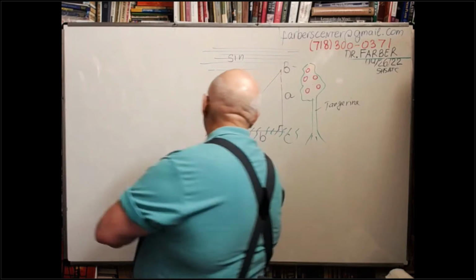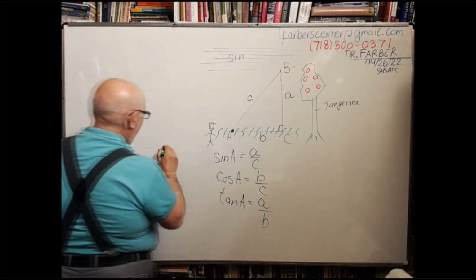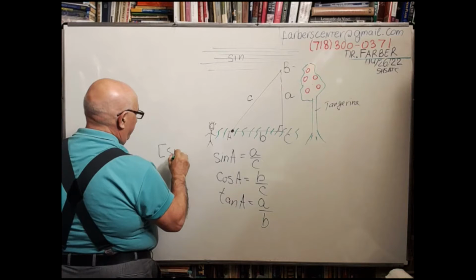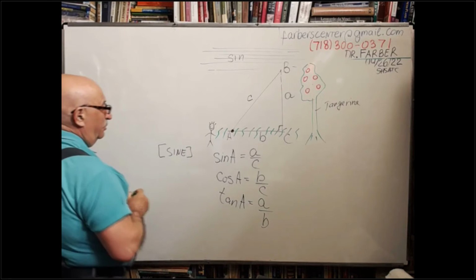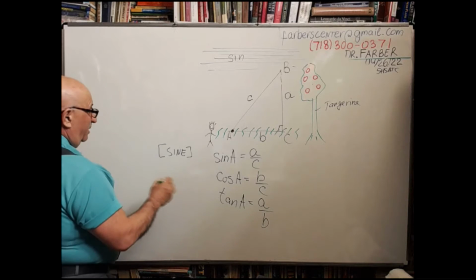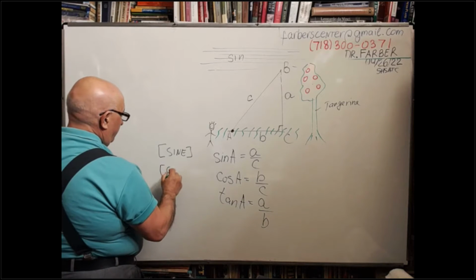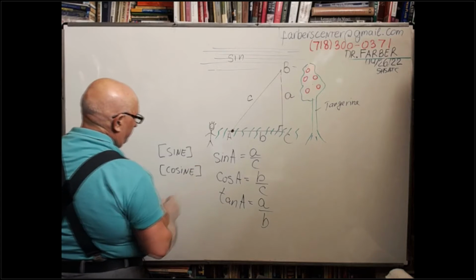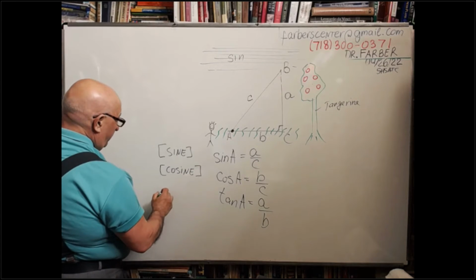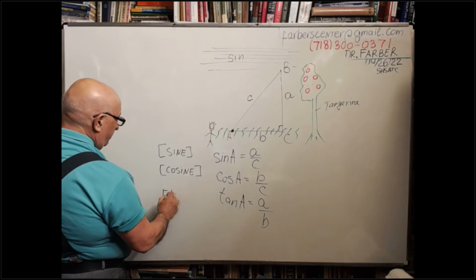This we name sine, pronounced sine, and you know this is синяя, blue sky. This is pronounced cosine. And this is pronounced tangent.